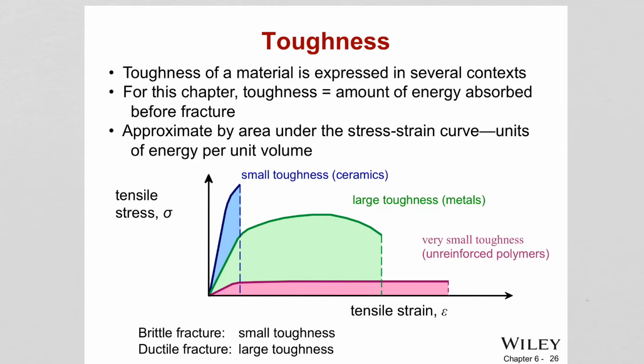But the pink one, even though it's very ductile, has a small area, meaning its energy absorption is small. Brittle materials have small toughness and fracture immediately, but for this one to fracture it takes a long deformation, long energy absorption. So ductile materials generally have large toughness values, so you can correlate between ductile and brittle materials and how much energy they will absorb.